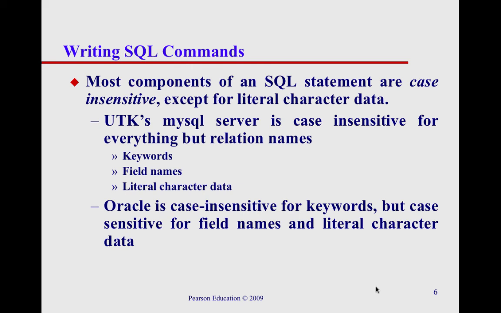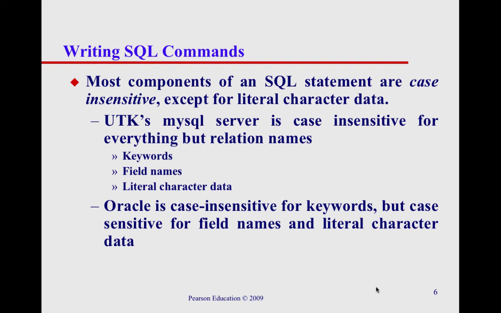If the field name is, say, capital L for last name, and you type in a lowercase l, it won't complain, it will match. However, if the relation name is student with a capital S, and you enter a lowercase s, it will complain. I hate that because that's inconsistent.